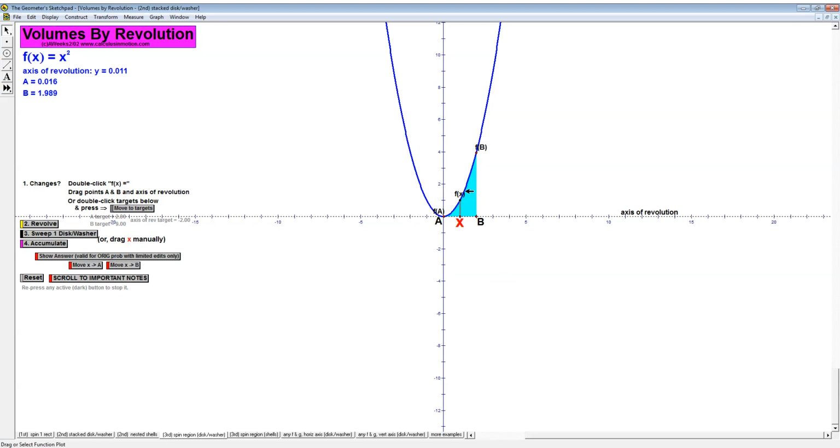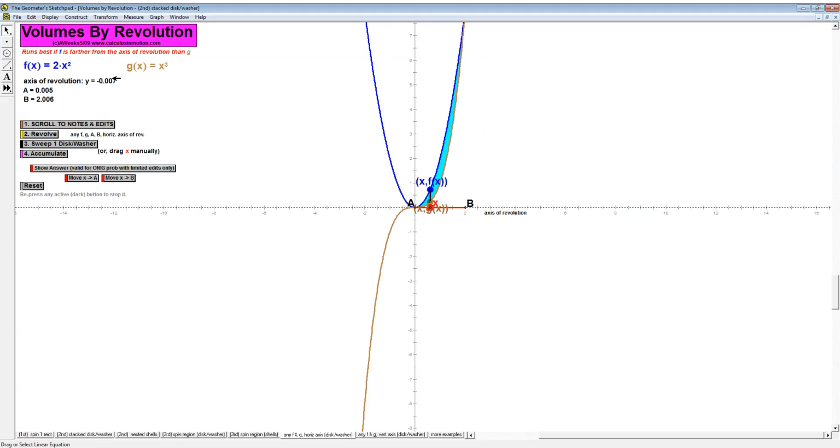When we revolve this turquoise region right here, we're getting almost like a top on its side, or a tornado, that type of deal, where we can find the volume because we get that one circle, that one disk in there, and if we add up the areas of all those disks, in essence, we're getting our volume.